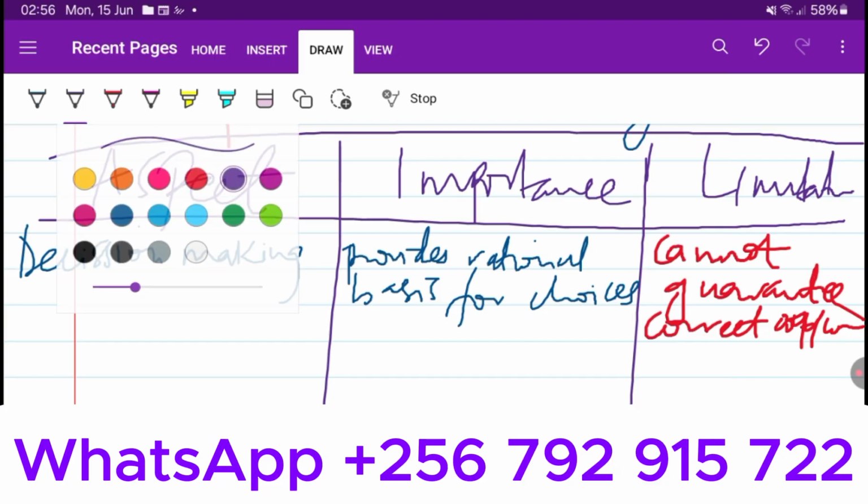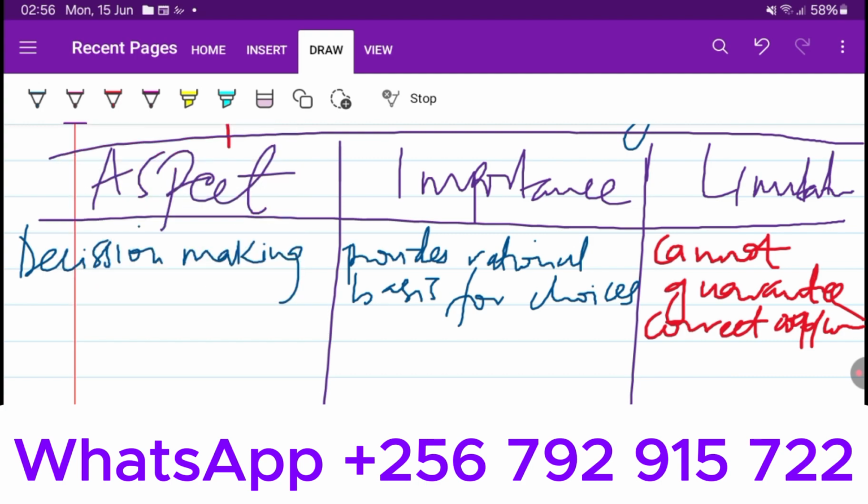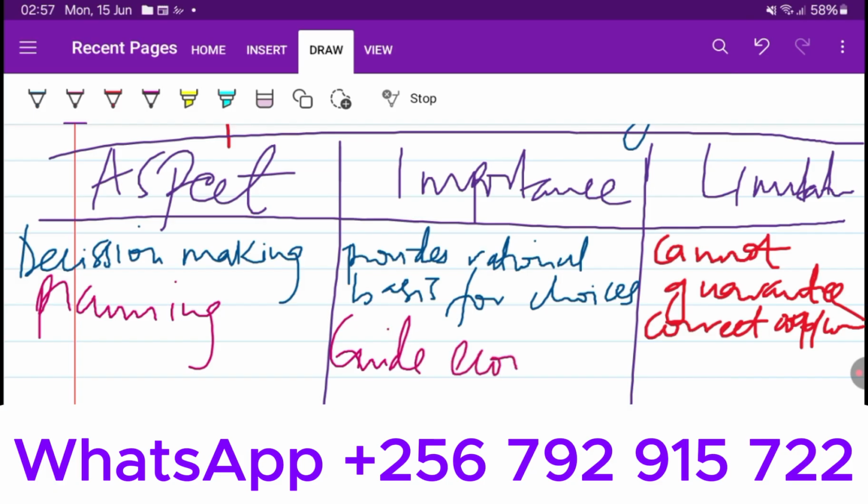Then number 2, if you look at planning, under the importance, it guides economic and social development.